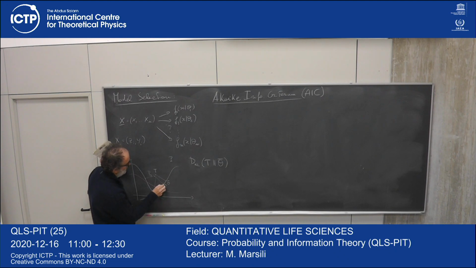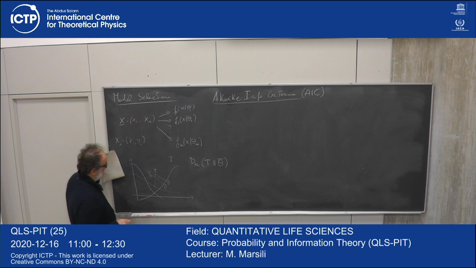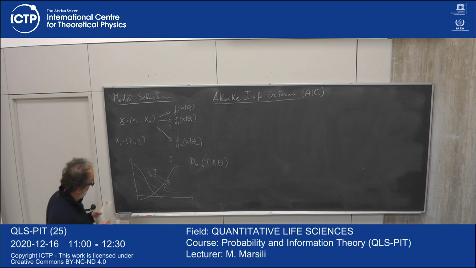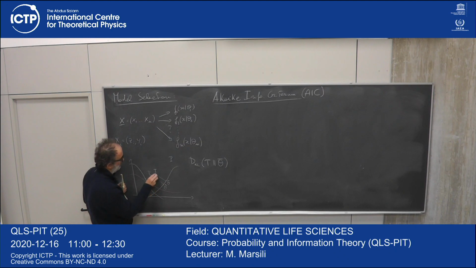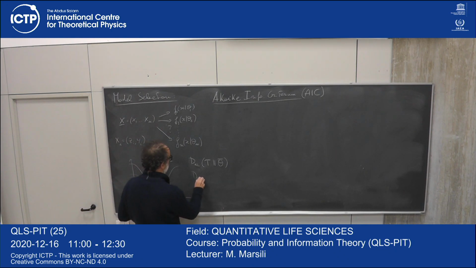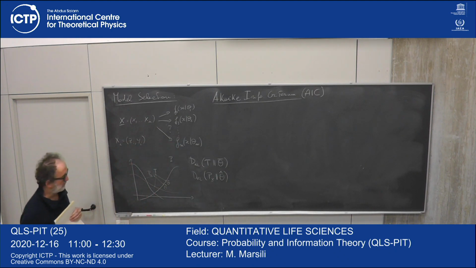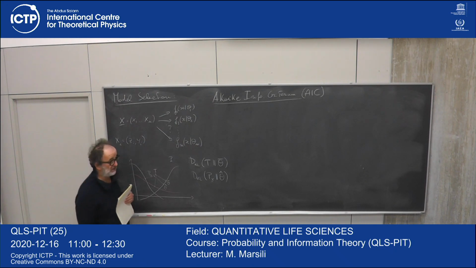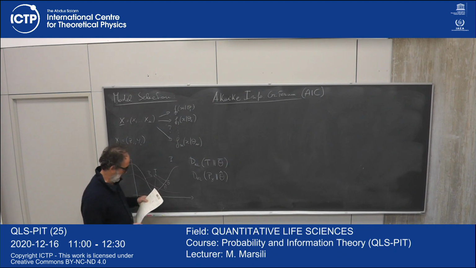Okay, so the idea is that you would like to get an estimate of the true distance in terms of the distance that you can measure, which is essentially the DKL between your sample and the maximum likelihood probability distribution. Okay.